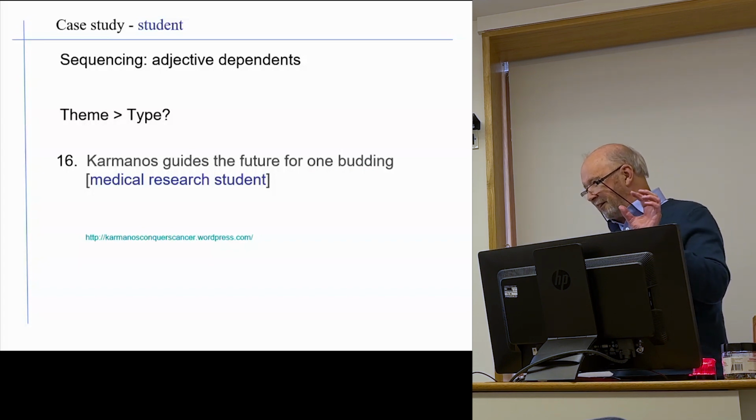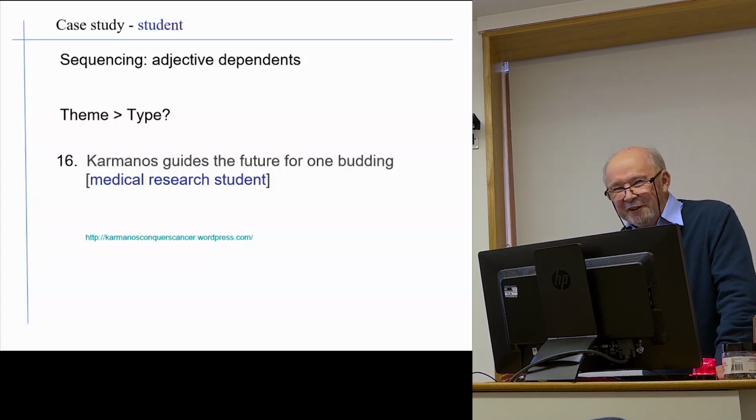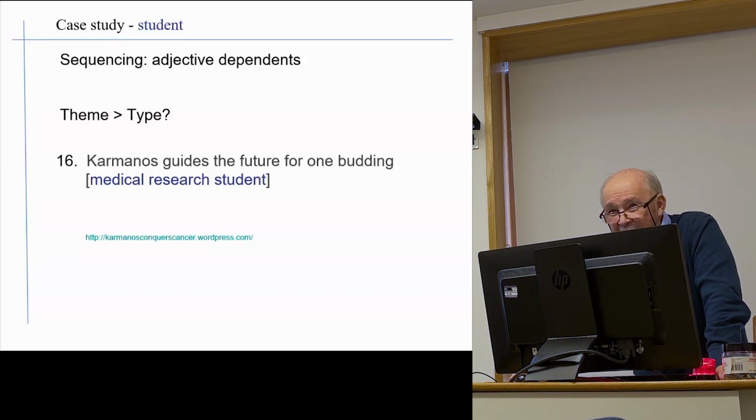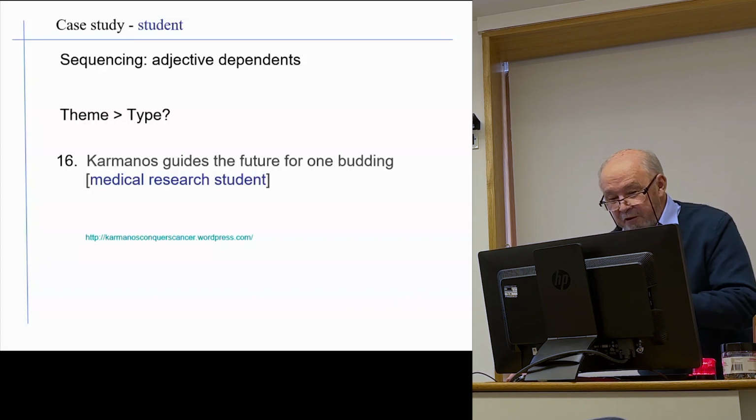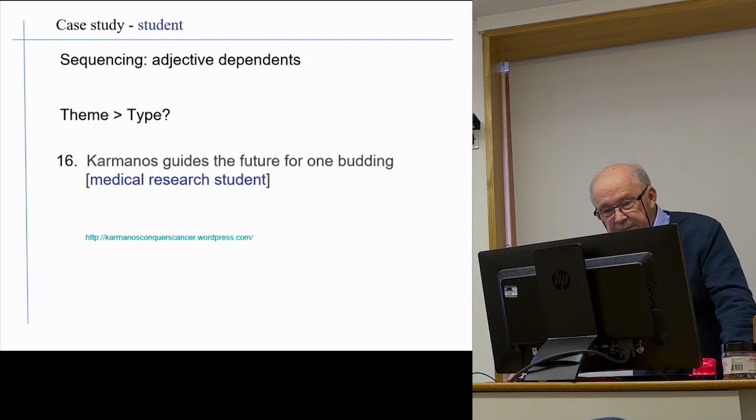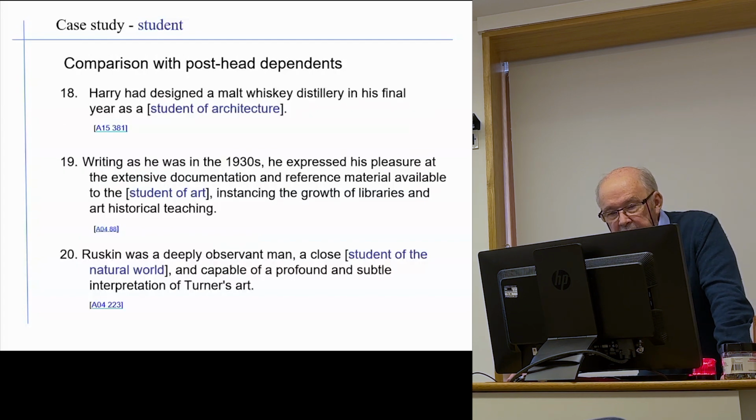Not quite sure why that is, but I'll throw that out there. I think you could have it. But anyway, medical research student is the preferred version with, if you like, the theme before the type.